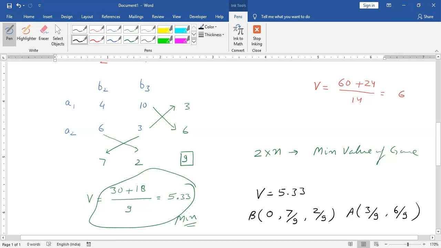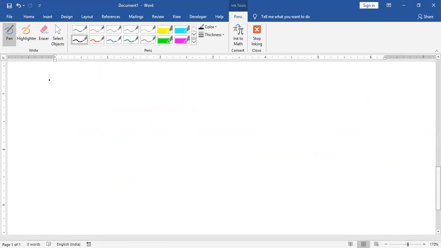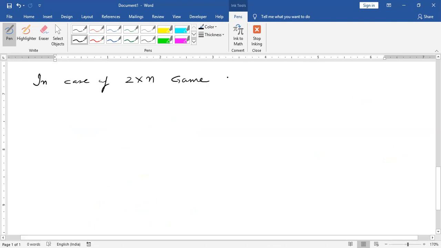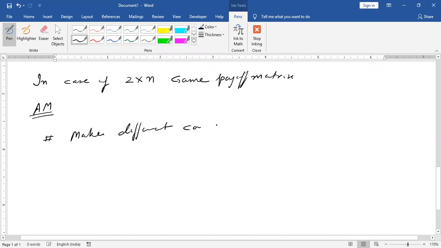Arithmetic method. If we summarize what we did in case of a 2 by n game payoff matrix, in the arithmetic method, number one, make different combinations of 2 by 2 matrix.